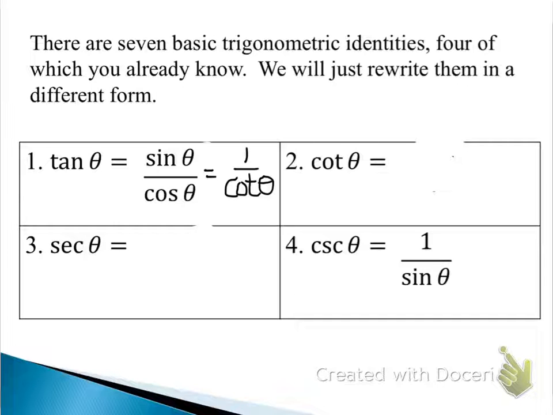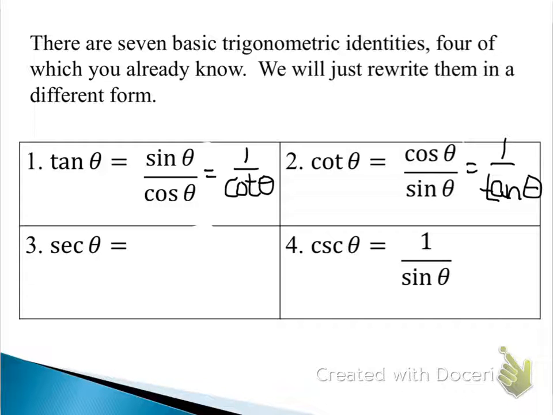Cotangent is the reciprocal of tangent, so you just change the reciprocal and it's cosine theta over sine theta. Or it could also be 1 over tangent theta.